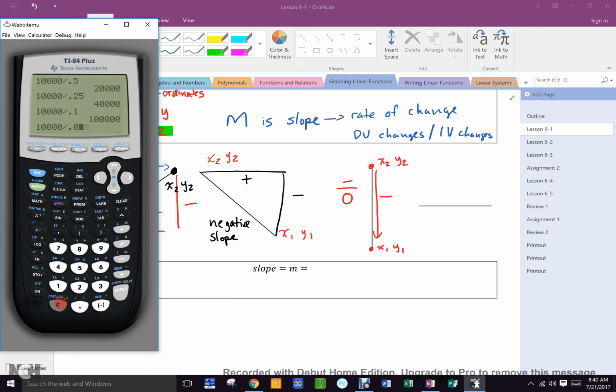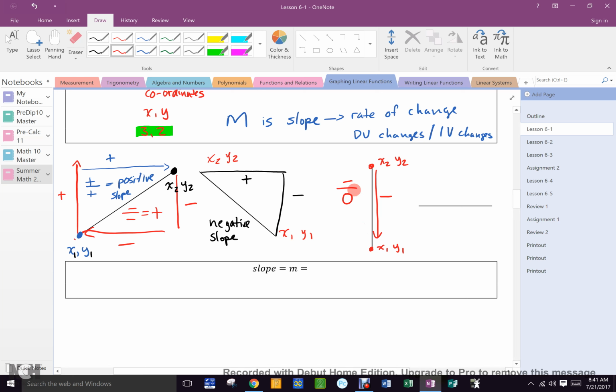As you get closer to 0, your number gets bigger and bigger. But you will never be able to divide by 0 because it is infinite, which makes sense here, doesn't it? Straight up and down is an infinite slope, yes? That would be very difficult to ski. You would not ski that slope. You would fall that slope. Does everybody understand? So this, since it's infinite, we say that it is undefined.